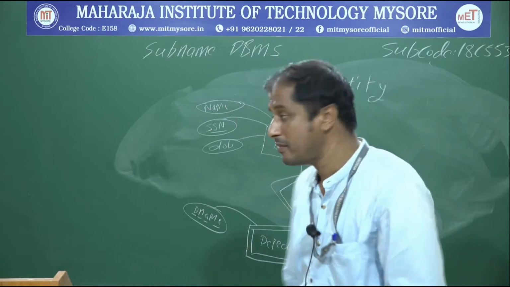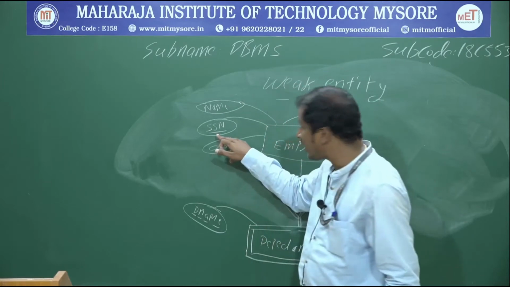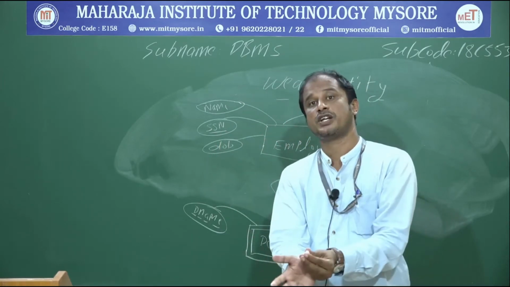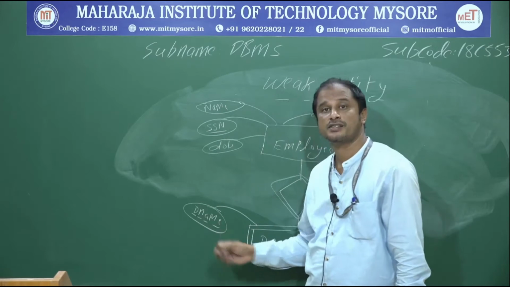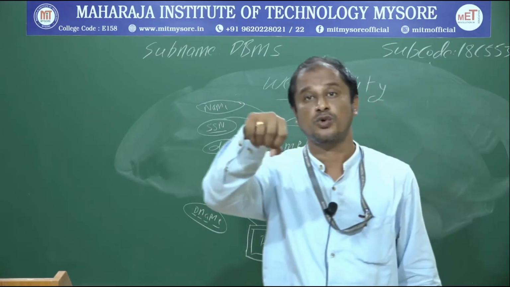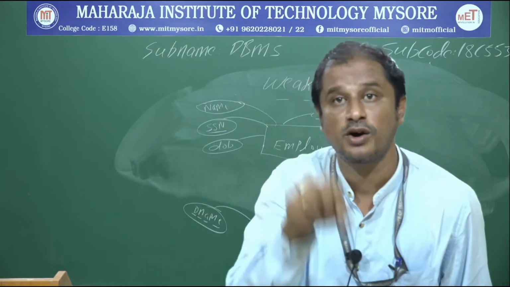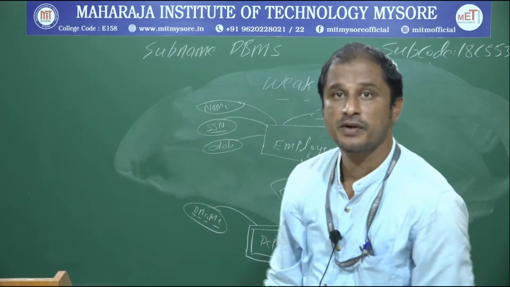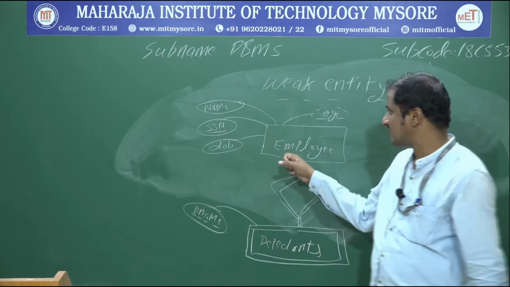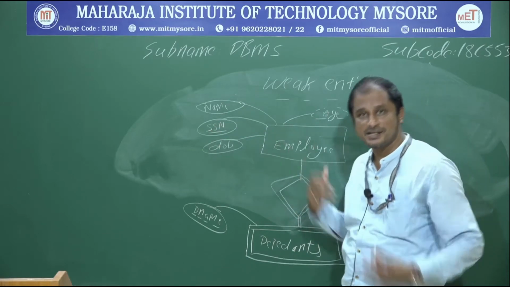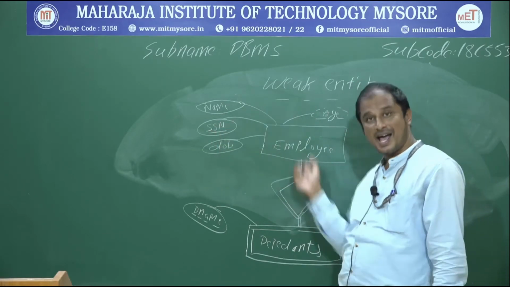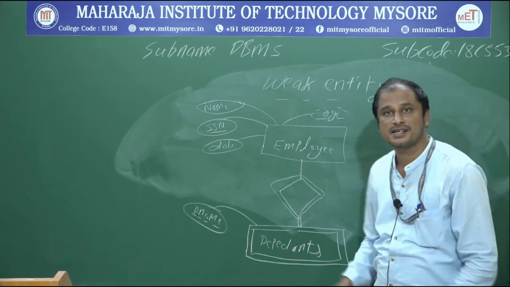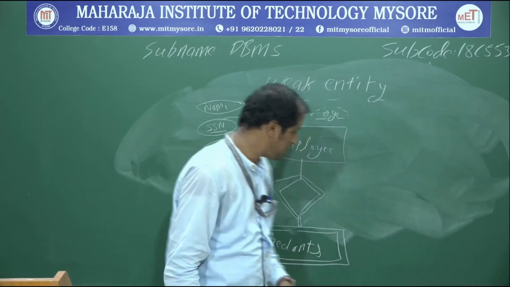When you want to represent the primary key, you underline it like this. But when you go for a partial key, you define it with dashed lines because the key belongs to the weak entity, which is strongly dependent on the strong entity. That is SSN. So using my SSN as an employee, the dependents are identified.